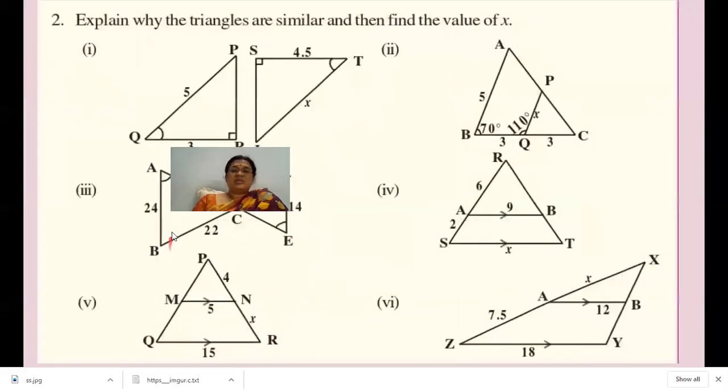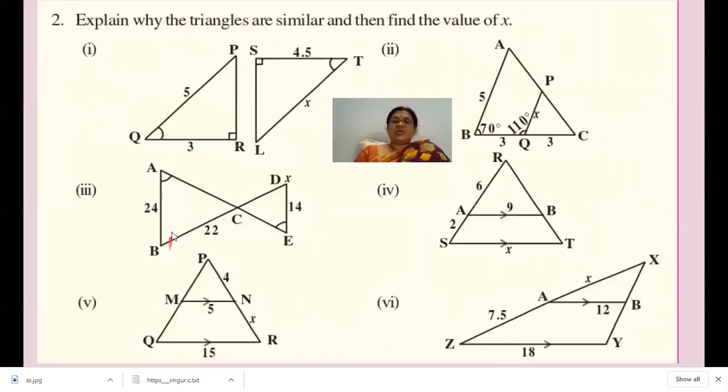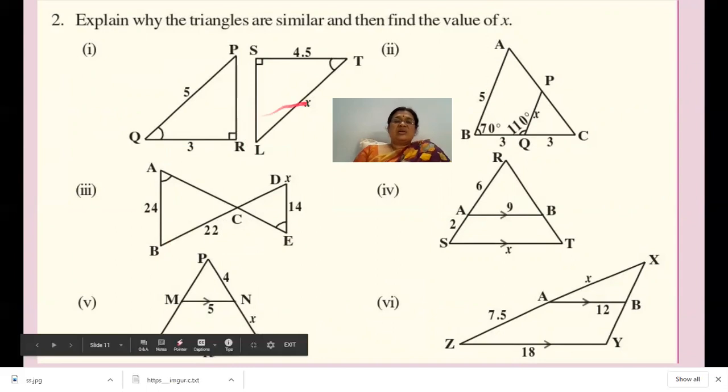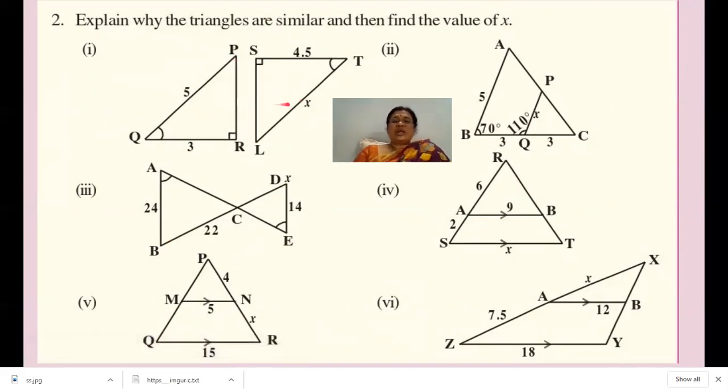Like these problems also they may ask. Here it is already given that these two triangles are similar with each other. So once they are similar, you can say the angles will be equal and the corresponding sides will be proportional.